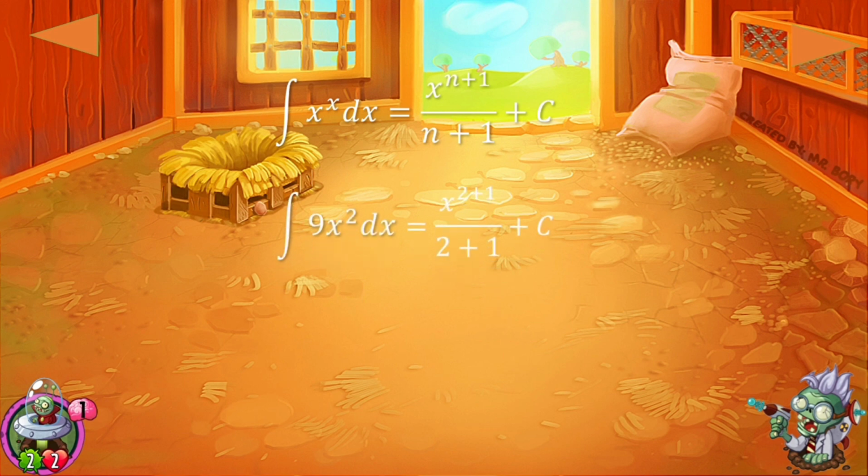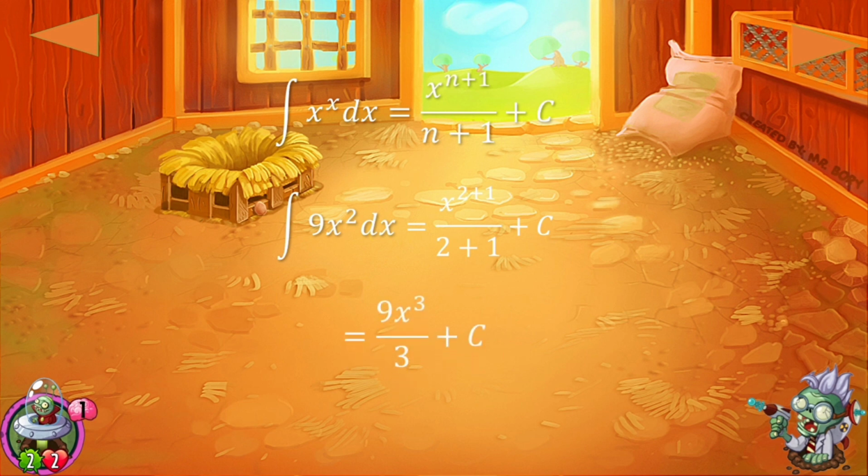Now we have our given as the integration of 9x squared dx. So x raised to the power of 2 plus 1 over 2 plus 1 plus c.